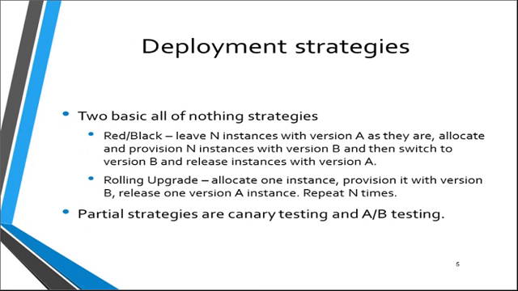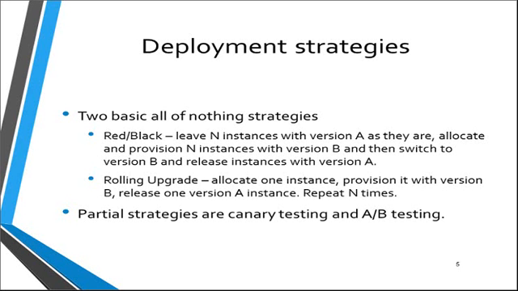So there are two basic all or nothing strategies. One is red black, or blue green, or orange purple, or pick two colors. This says that I have n instances running version A, and I allocate and provision an additional n instances which have version B. Then I switch to version B and release the instances with version A. That's one all or nothing strategy.